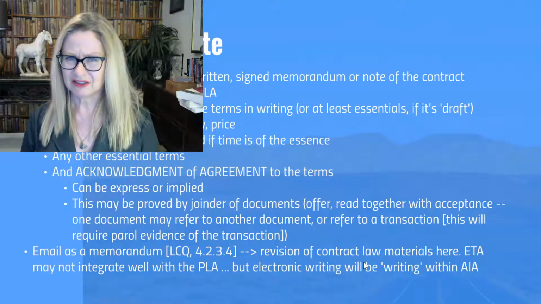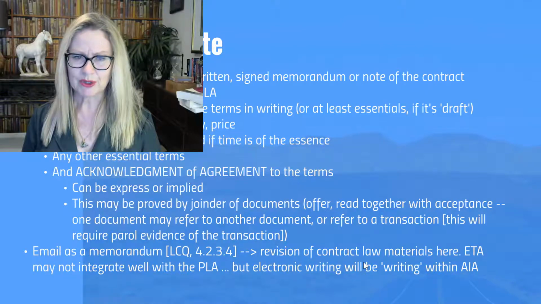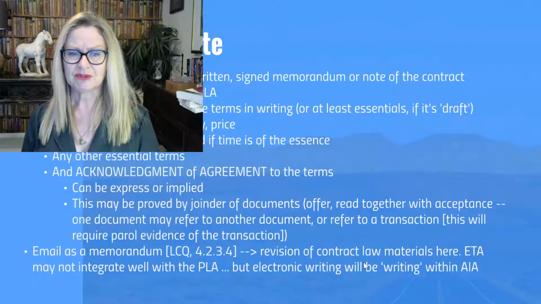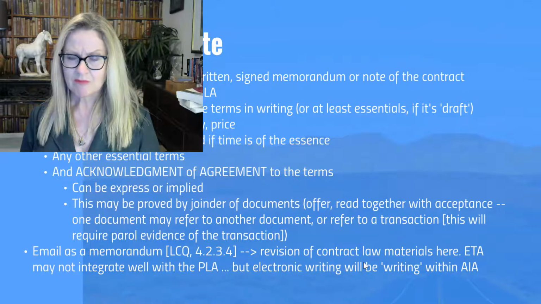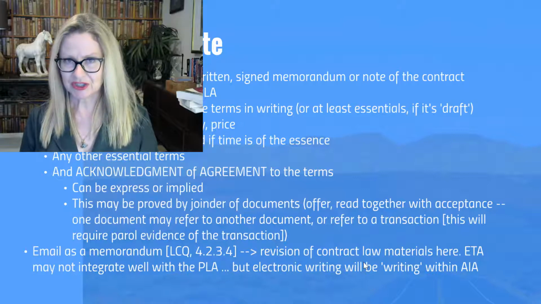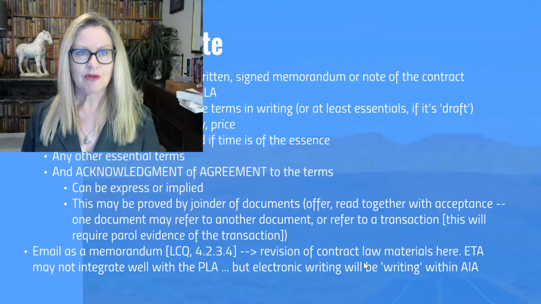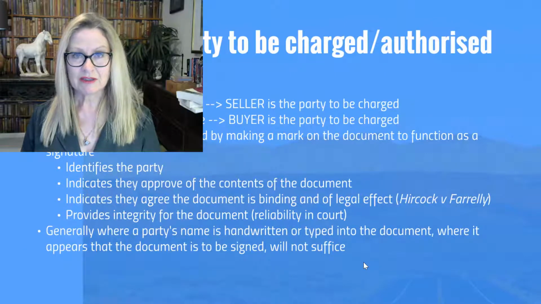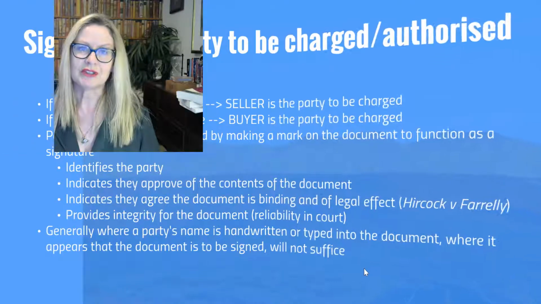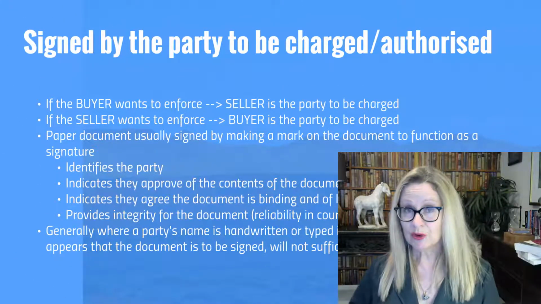They say that the Electronic Transactions Act is a bit clunky with the way it works in terms of interfacing with the PLA. But at the end of the day, electronic writing will be writing within the Acts Interpretation Act, so you're pretty good there. Case law certainly bears that out. So that is your memorandum or note of the contract.